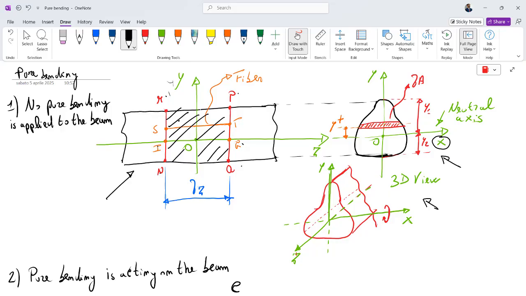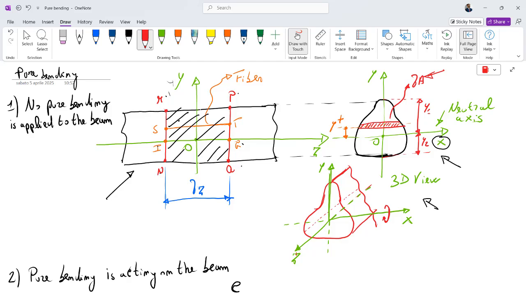In the front view, we can also see the strip area that is indicated by delta A. We will take it for a few minutes for some explanation to derive effectively the stress due to the bending moment applied on the beam.